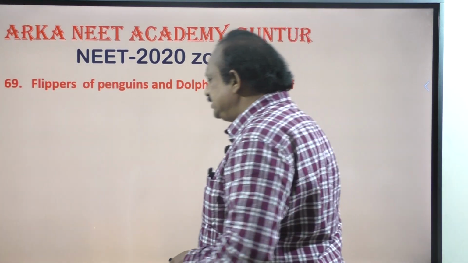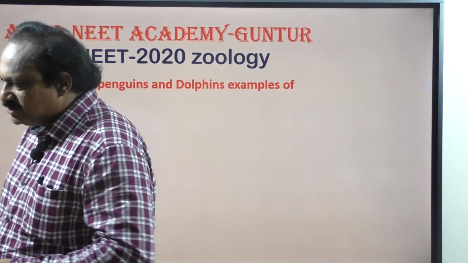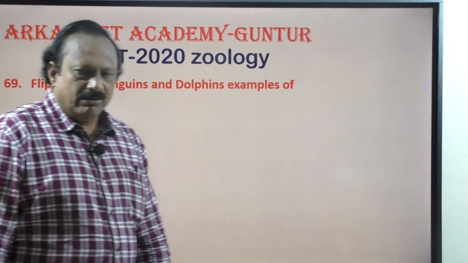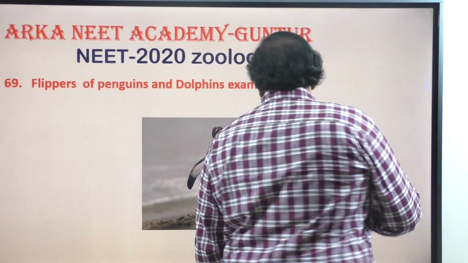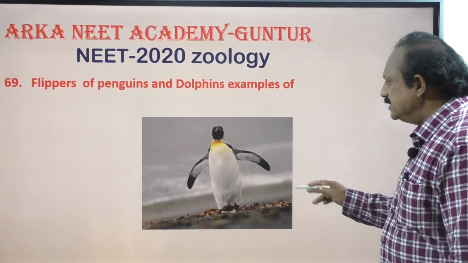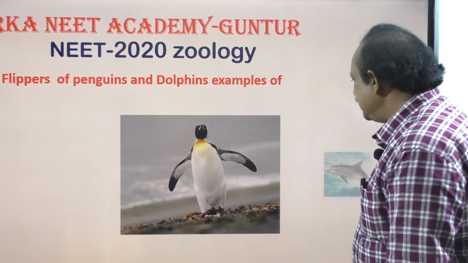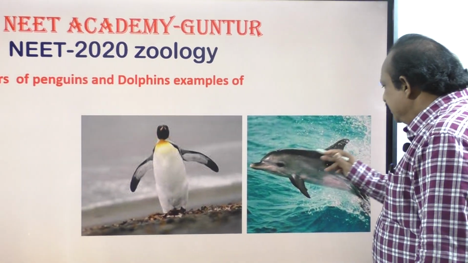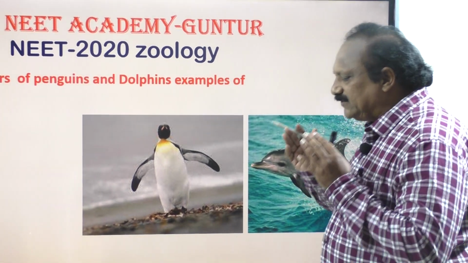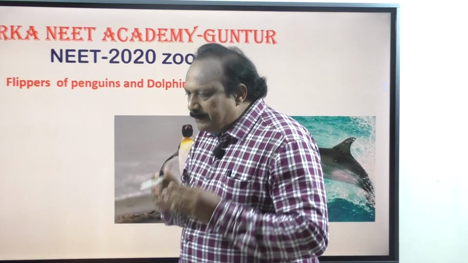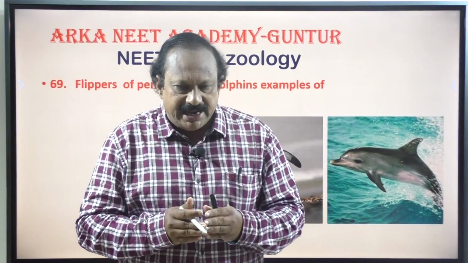Flippers of penguins and dolphins explain what? Now look at this one. Here this is the penguin which has flippers. These flippers are useful for swimming. In the same way, this is the whale, which has flippers useful for swimming. Now the flippers of penguins and whales perform the same function.